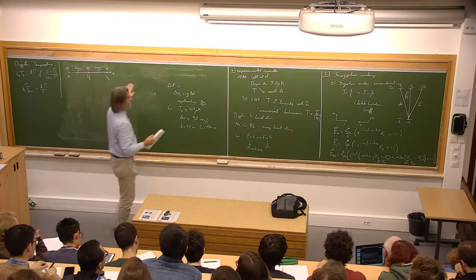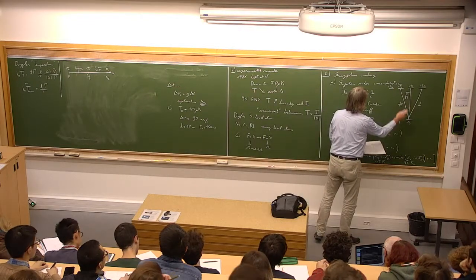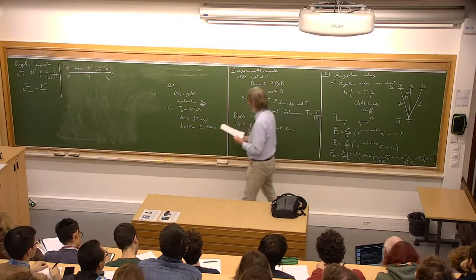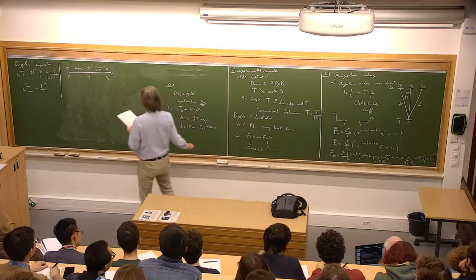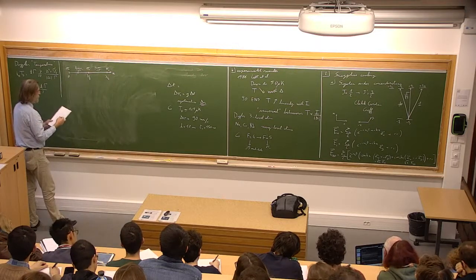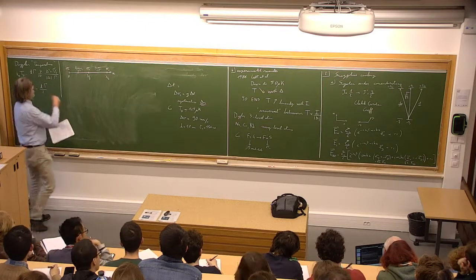Because of the Clebsch-Gordan coefficients, you have a different coupling for the two sublevels to the different polarizations. And so the coupling to the light depends on the position.